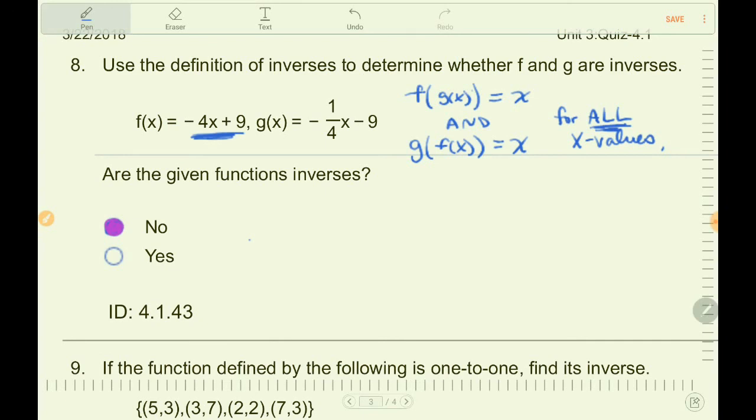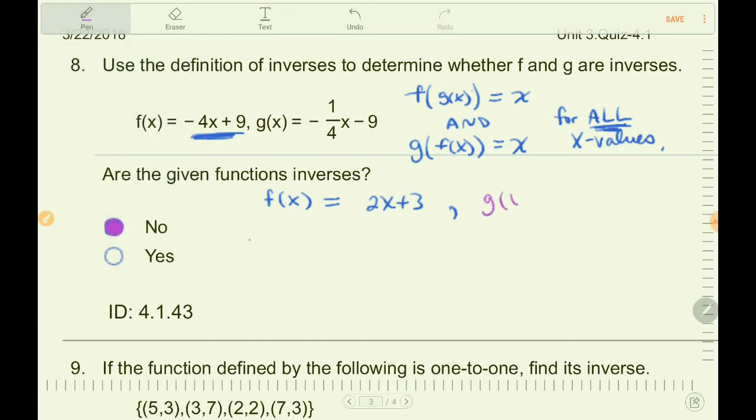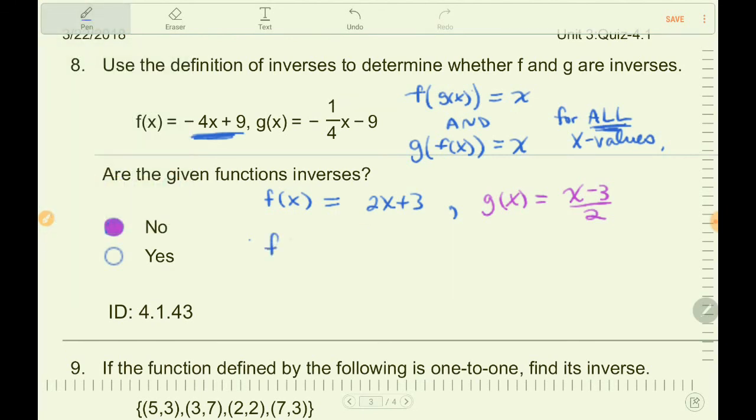So let's try doing f of x equals 2x plus 3 and g of x, I'll do it with purple, g of x equals x minus 3 over 2. So we'll test f of g of x.